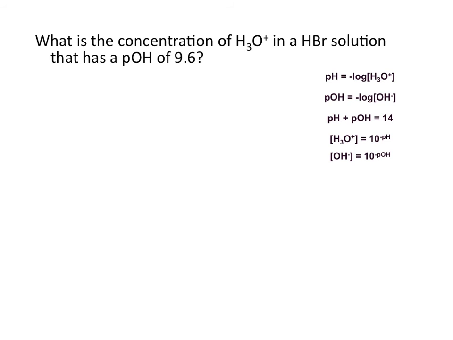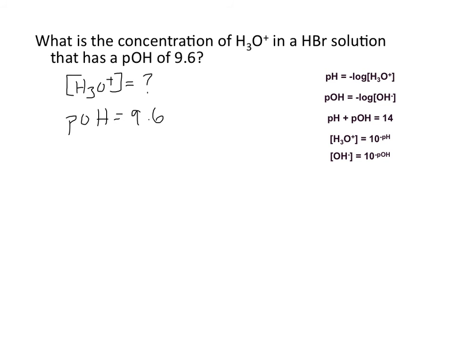Let's do this example here. What is the concentration of H3O+ in an HBr solution that has a pOH of 9.6? So they're wanting us to figure out our H3O+ concentration, and they've given us a pOH of 9.6.